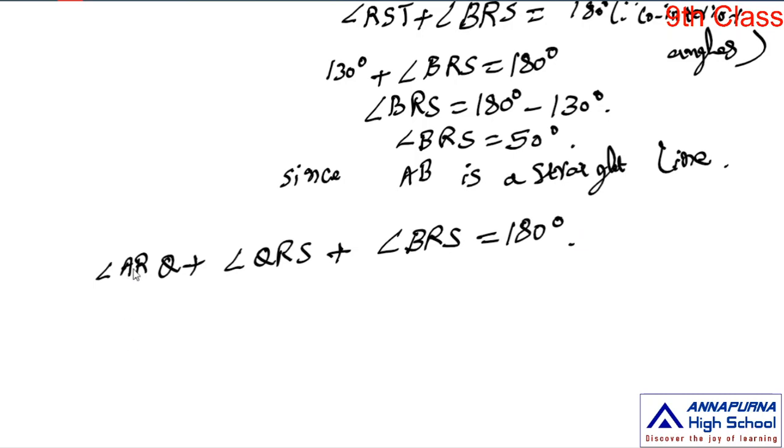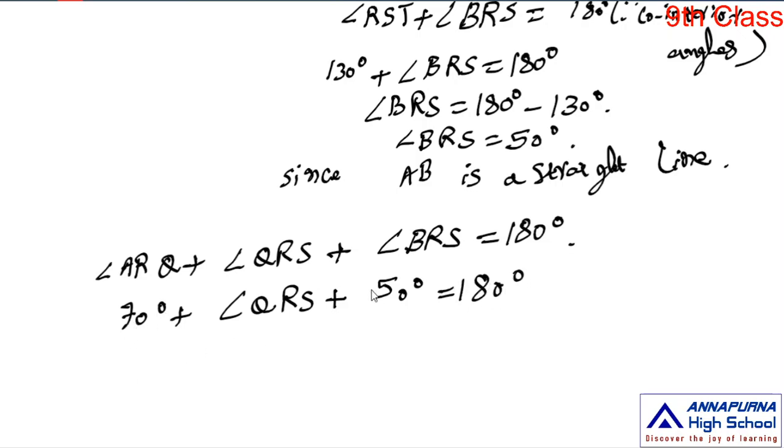Substitute angle ARQ is equal to 70 degrees and angle BRS is equal to 50 degrees. Therefore 70 degrees plus angle QRS plus 50 degrees is equal to 180 degrees. Adding 70 degrees and 50 degrees, we get 120 degrees plus angle QRS is equal to 180 degrees.